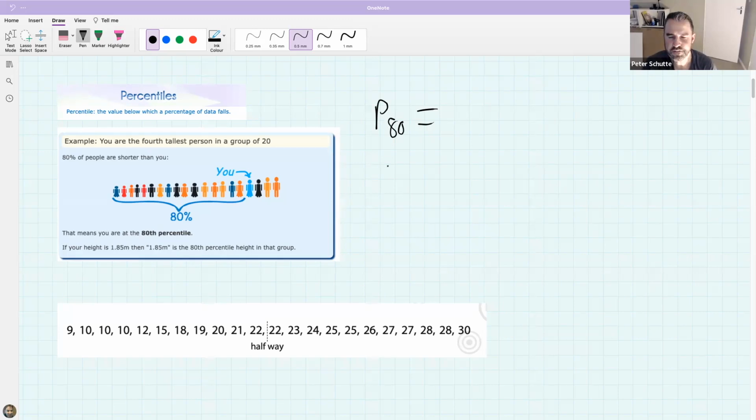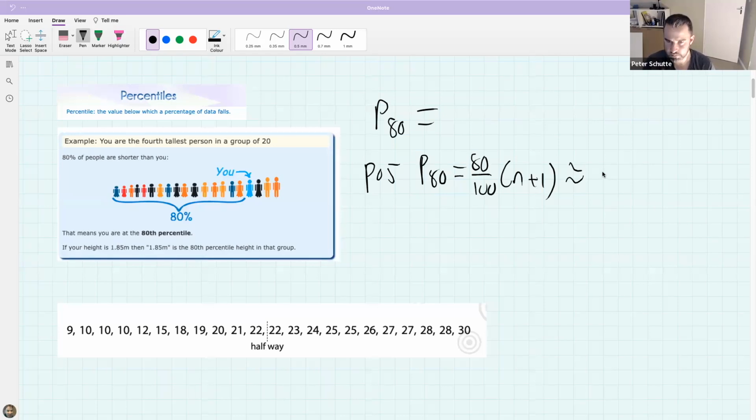Now, to find P80, I would use the position formula. Position P80 is 80 over 100 times n plus 1. Now, when I find the position, I might get some decimal values.